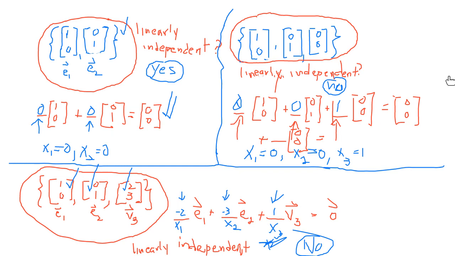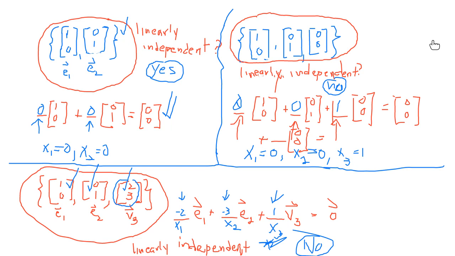These three vectors live in R2, two-dimensional space. Is there any third vector that I could add to this set that would preserve linear independence of the set? That's right, Benjamin. The answer is no.